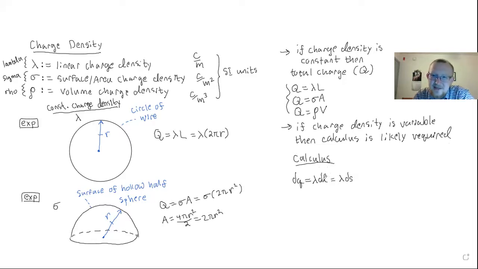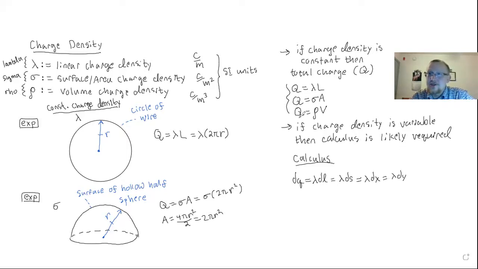I tend to use dl when things are straight, and ds when things are a curve. So dl for small line, ds for small segment. Oftentimes you're just going to have a wire in the x direction, so you could write this as lambda dx, or maybe it's a wire in the y direction, lambda dy. Either way, the units work out for all of these, and so these are all valid ways of writing different problems.